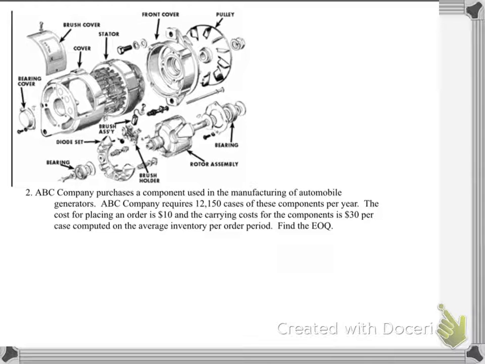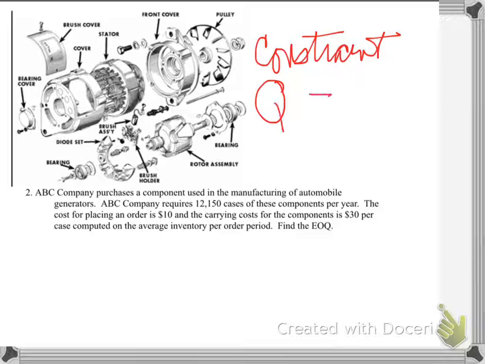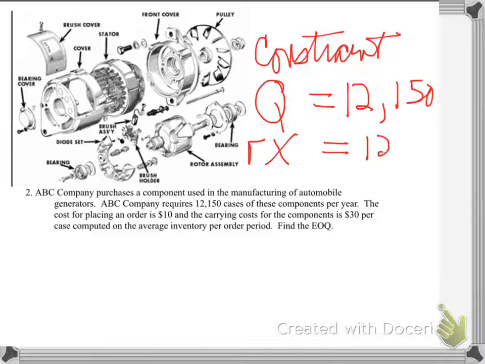There is my constraint. So your constraint is that the number sold per year has to equal 12,150. So that equals the number of orders placed a year by the number of cases in each order. That is your constraint.